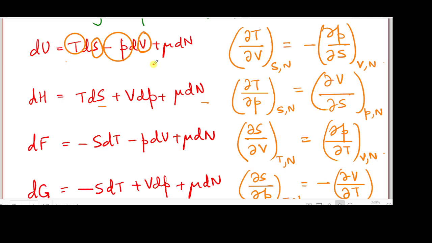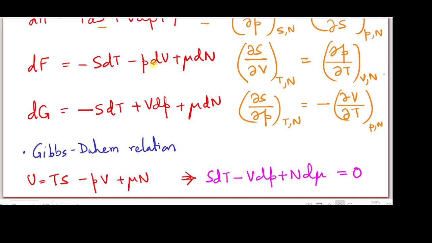also follows from thermodynamics, which hinges really on the fact that U is an extensive function of its three arguments, which are each extensive. This gives rise, from Euler's equation in mathematics, to the famous Gibbs-Duhem relation, that U is actually equal to TS minus PV plus μN.